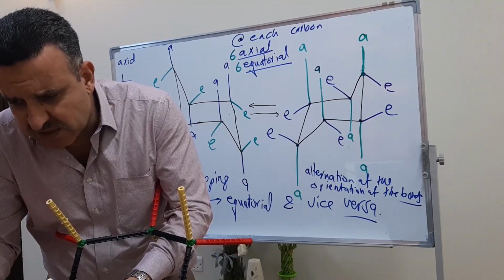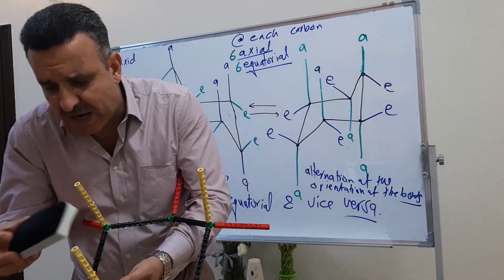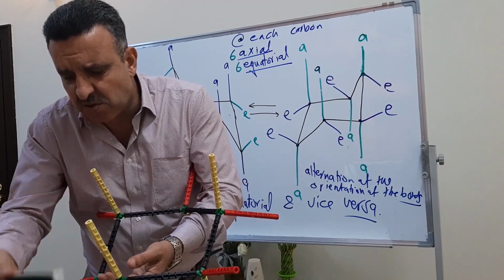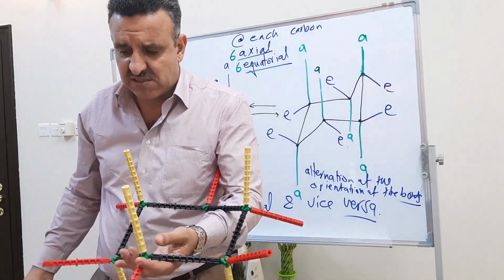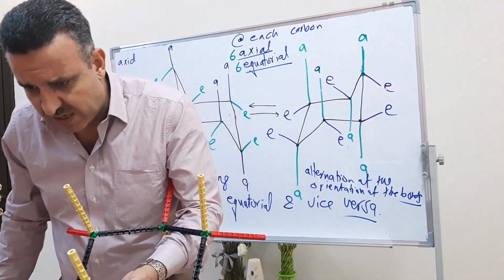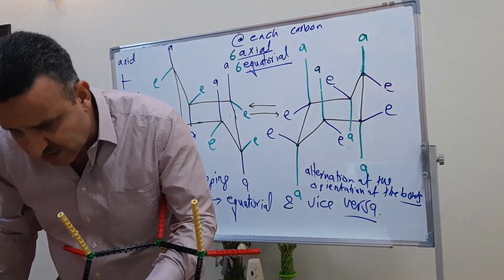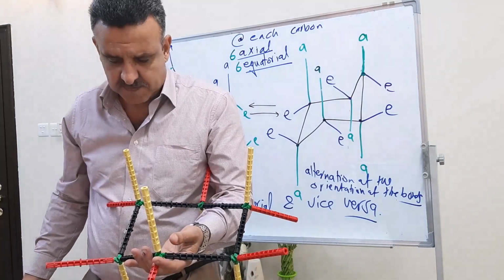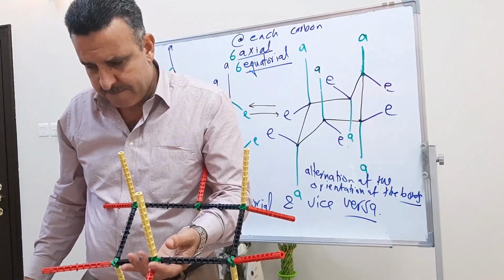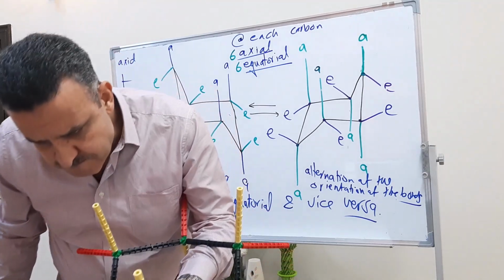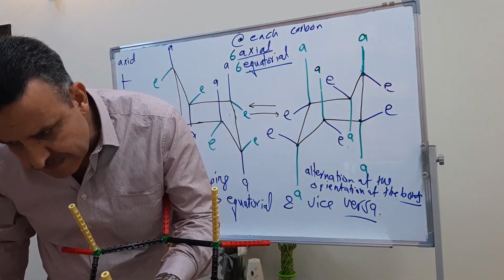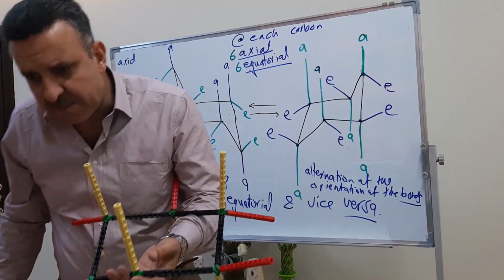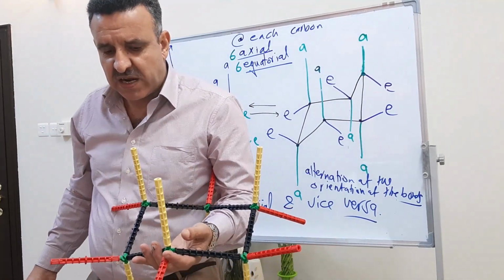Should the big size group occupy the axial bond or the equatorial bond? And in each case, whatever your answer is, you should say why. Any answer for this question? Any trial? Anyone try?